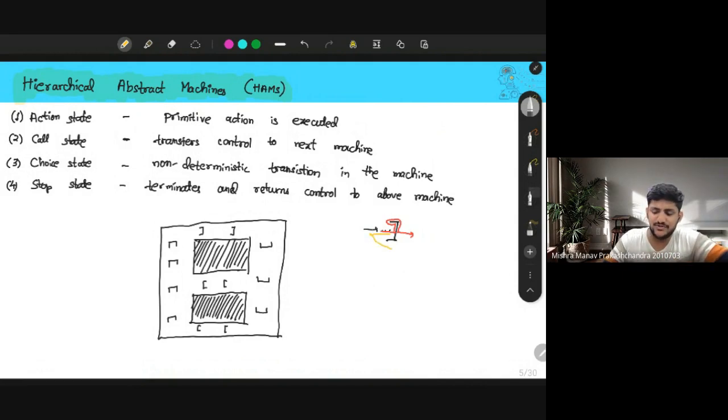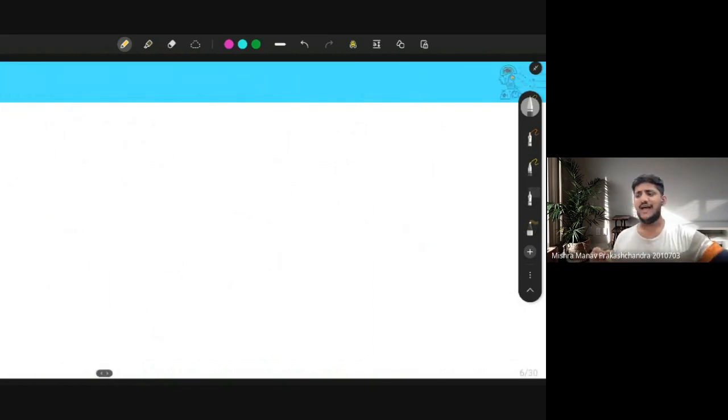So it's like it chooses to go left and then it moves ahead. Okay, so there are two ways to avoid the obstacle here. So in this case, if I were to design a very simple hierarchical abstract machine, it's not exactly representative of the problem that we are trying to solve, but some broader representation of what a HAM actually does.